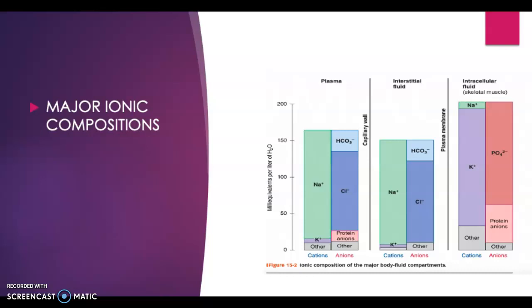Among the major differences between ECF and ICF are, one, the presence of cell proteins in the ICF that cannot permeate the enveloping membranes to leave the cells, and two, the unequal distribution of sodium and potassium and their attendant anions, negatively charged ions, as a result of the action of the membrane-bound sodium-potassium pumps present in all cells.